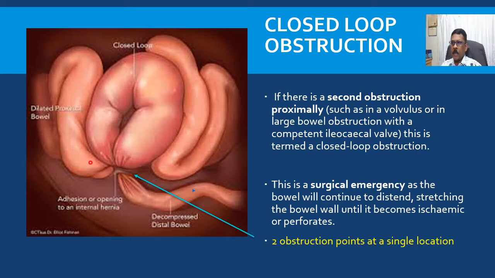For example, in a strangulated inguinal hernia or volvulus, there are two ends of obstruction here, and this creates a closed loop where the secretion, gas, and fluid into it cause massive distension, ischemia, and possible perforation. Here you can see the proximal dilated segment and the distal segment which is collapsed. So the main thing is two obstruction points at a single location in the small intestine.